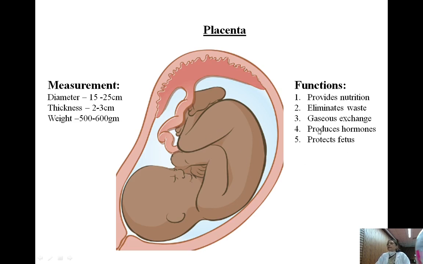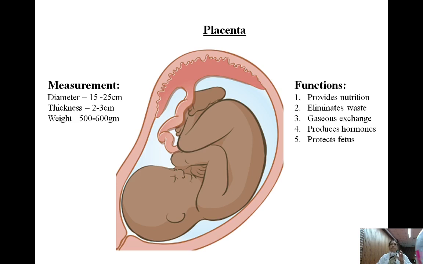Okay, then it produces many hormones. First of all, in the early pregnancy, it produces a hormone that is known as human chorionic gonadotropin. The progesterone is secreted by the corpus luteum of pregnancy, and this human chorionic gonadotropin protects that corpus luteum of pregnancy.